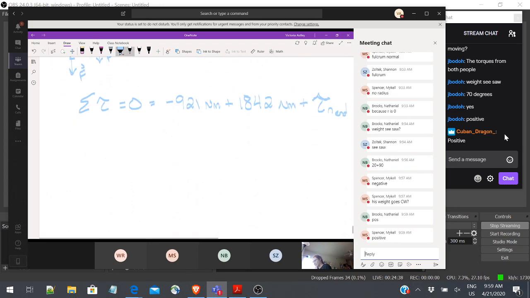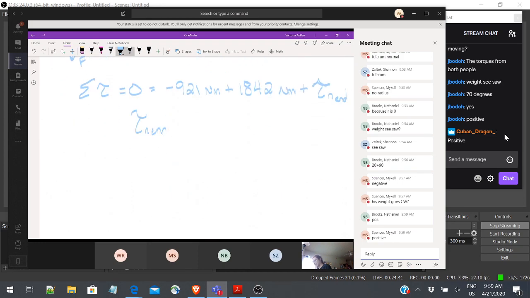So the torque from the normal force at the end is going to be negative 921 Newton meters. I think this is because it's precisely twice the mass. It wouldn't necessarily be the same if it wasn't precisely twice the mass.